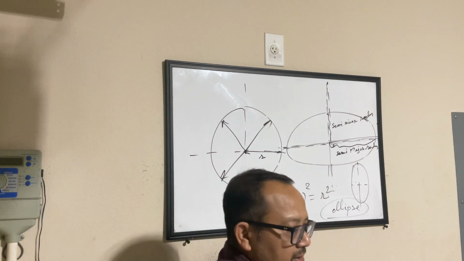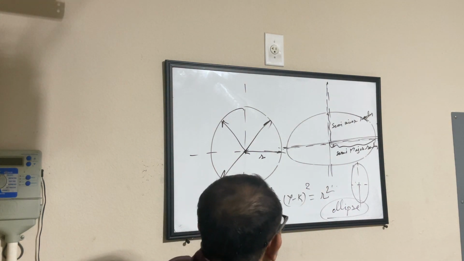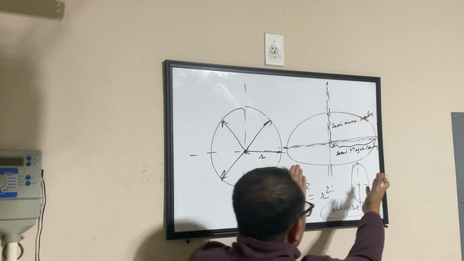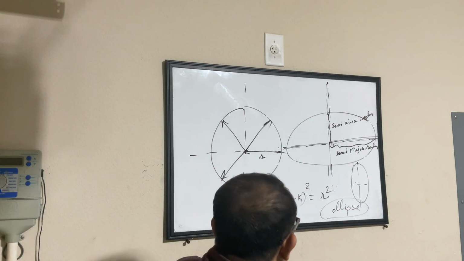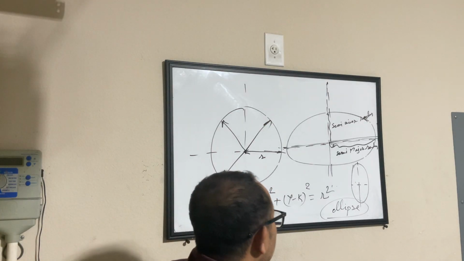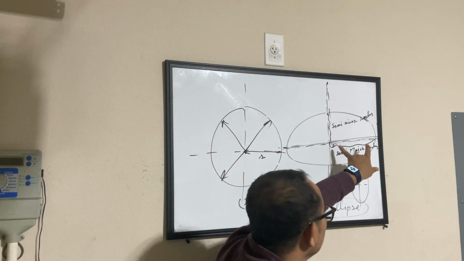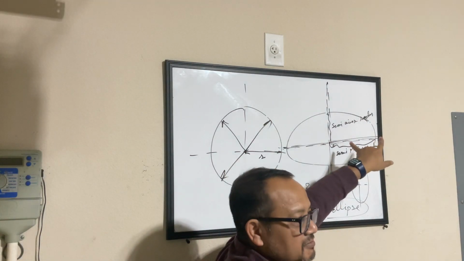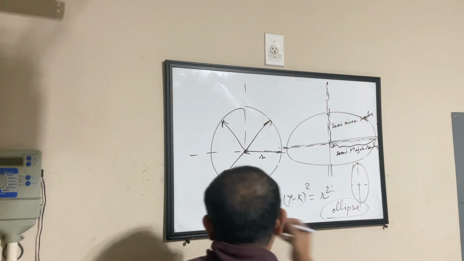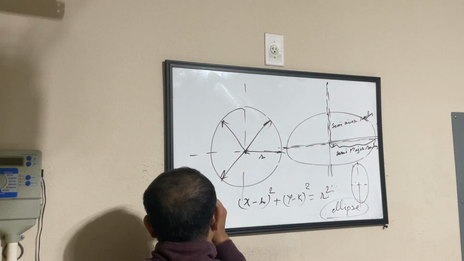Okay. Yes, sir. Now we are doing a side by side comparison of a circle and an ellipse, right? So here we have only one radius. Wonderful, no problem. Here we have two. You can call it radius, or there are two, they call it radii.